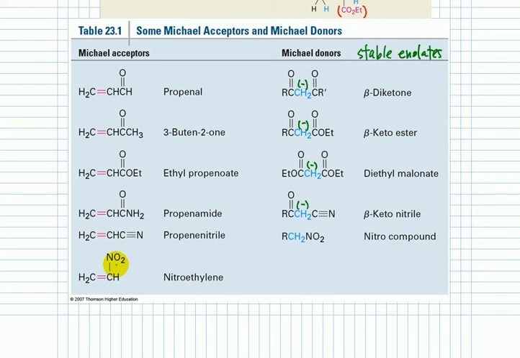We'll see that over here. Same thing with the nitro group. We can sort of write carbonyl analogs, meaning functional groups that perform the same function as a carbonyl, at least in these reactions. So here's our carbonyl.